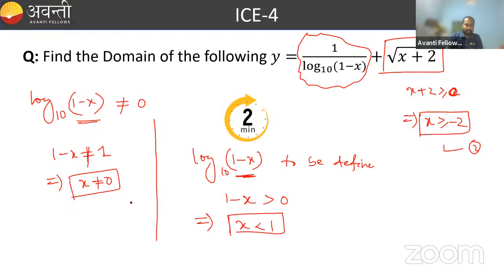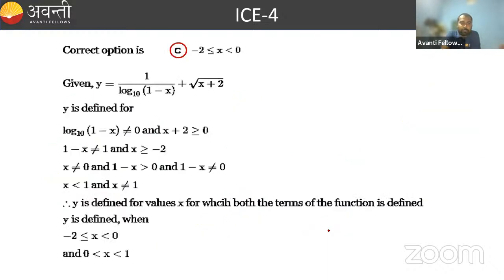So this is my first, this is second, and this is third. So just take the intersection of all these three things, and whatever solution you get, that is your answer, right? These are the conditions where the function will be defined, right? Let's see what the solution is.